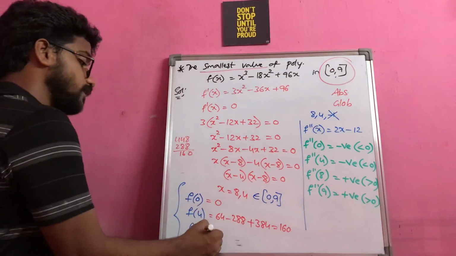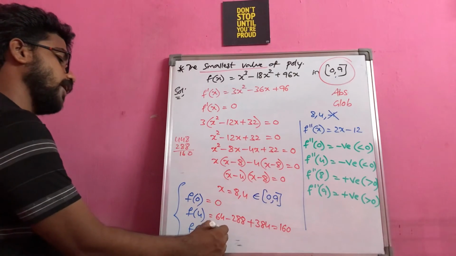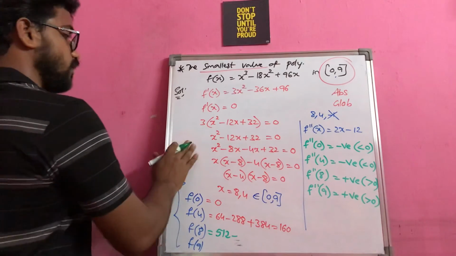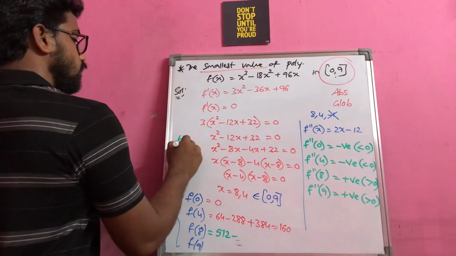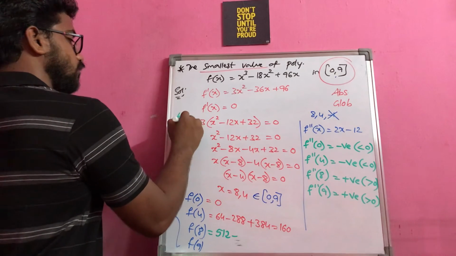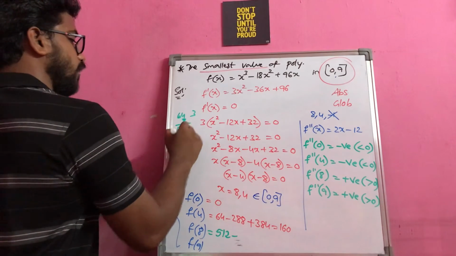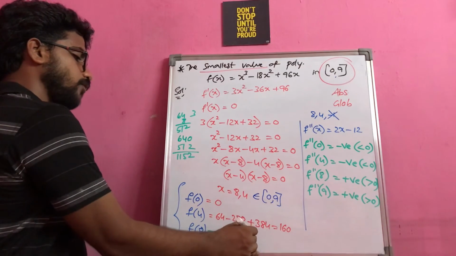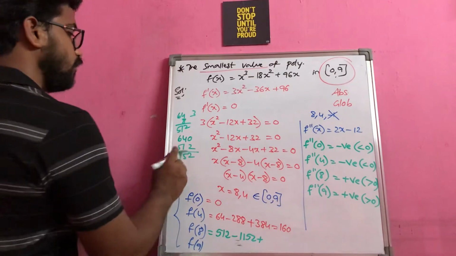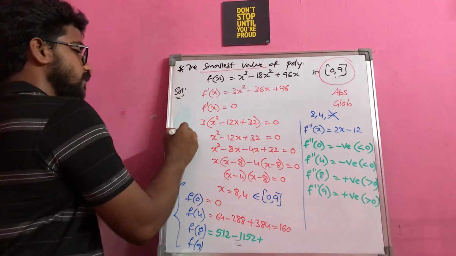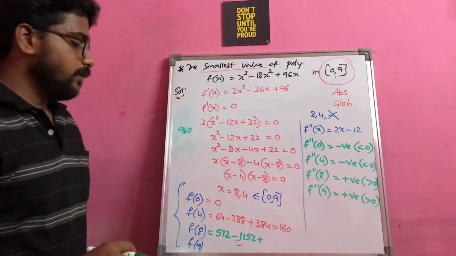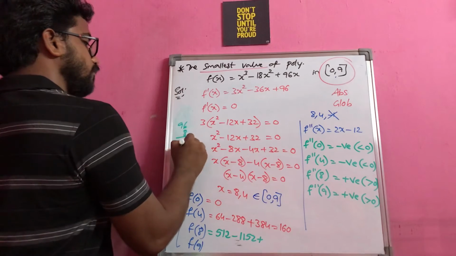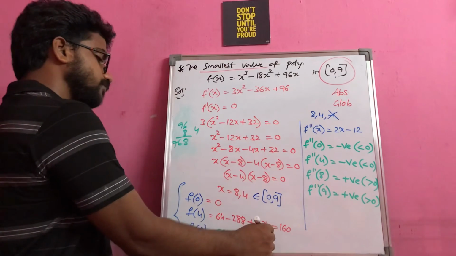8 cube itself will be 64 into 8, 512, minus 18 into 64. So 64 into 10 will be 640 and 64 into 8 is 512. So I am getting 1152. So 1152 plus 96 into 8. Better we will do it directly. 96 into 8, 768.